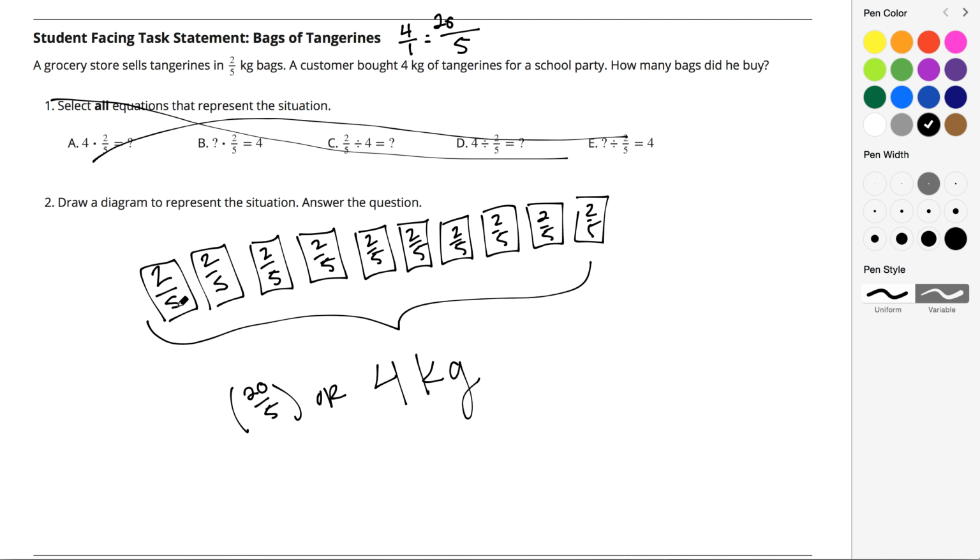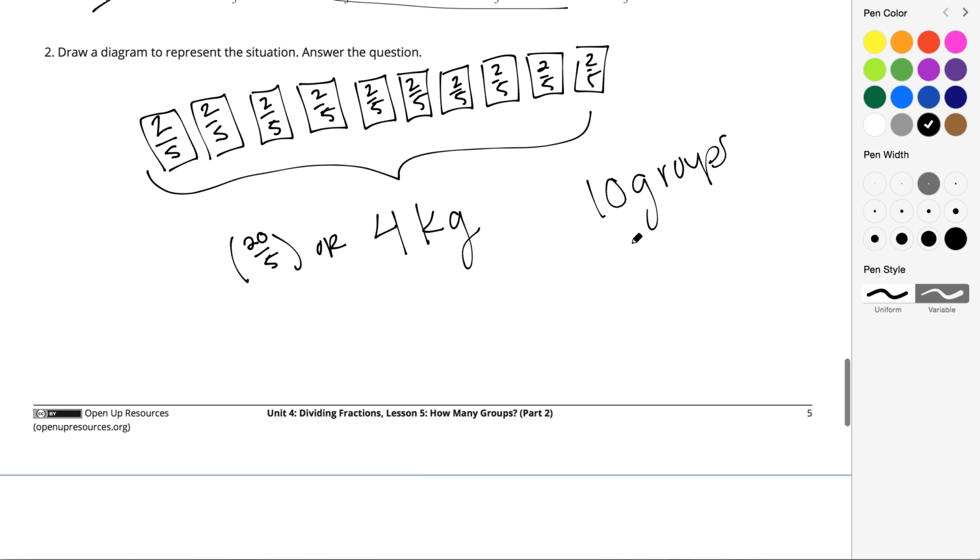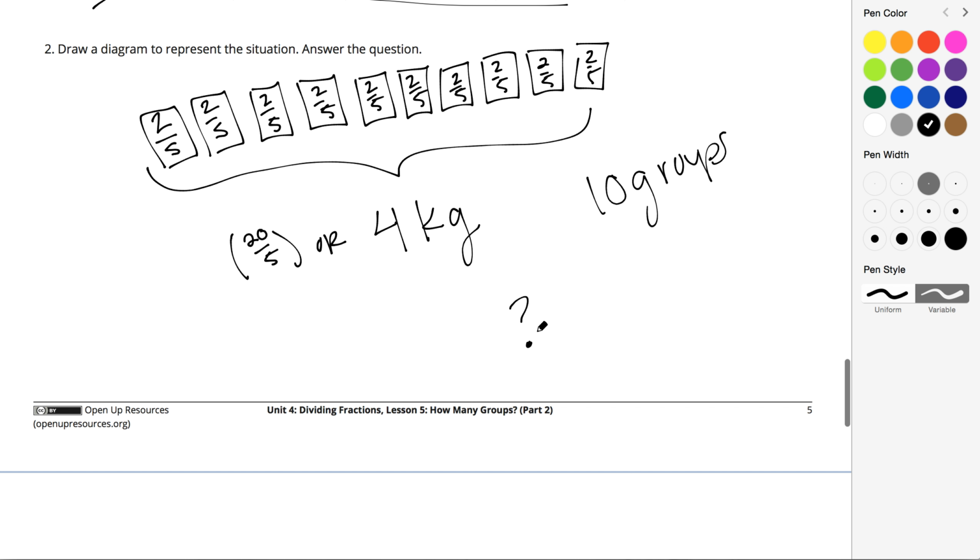How many groups did I get? 1, 2, 3, 4, 5, 6, 7, 8, 9, 10. 10 groups, which we know we can represent as how many groups the size of 2/5 equaled 4 kilograms.